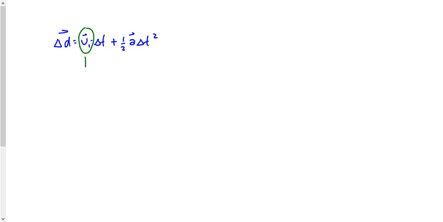We're solving for vi. What is not attached to vi? 1/2 a t squared. Let's get rid of 1/2 a t squared because we want to get rid of what's not attached. Now, 1/2 a t squared is added to vi t, so we're going to take that over to the other side by subtracting.